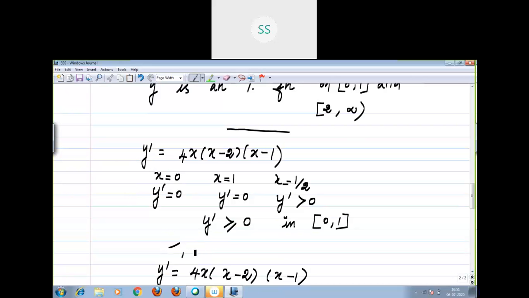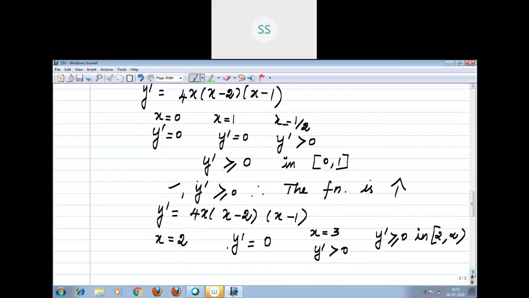Greater than or equal to 0 means y dash greater than or equal to 0. Therefore, the function is increasing, right? I didn't use the word strictly increasing. Increasing means greater than or equal to 0.